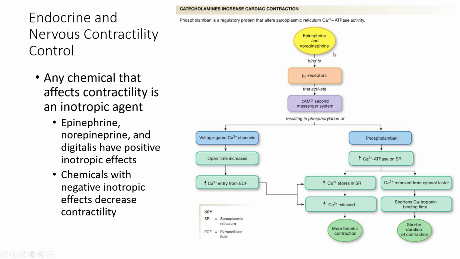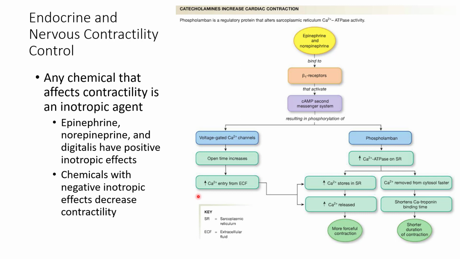So let's look at this example right here. We can see what epinephrine and norepinephrine do. They bind to beta-1 receptors, and then they initiate a couple of things. First, they cause voltage-gated calcium channels to open. As those open, more calcium can enter from the ECF, and that's going to create a stronger power stroke.